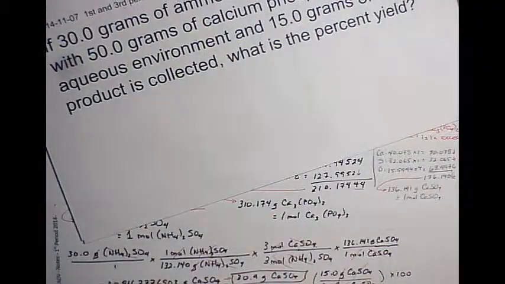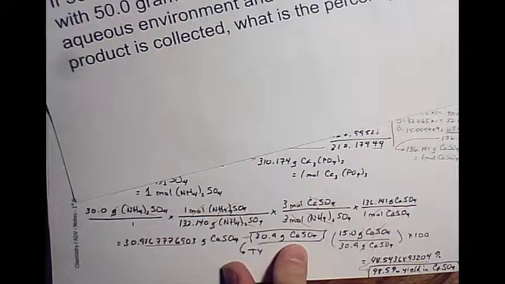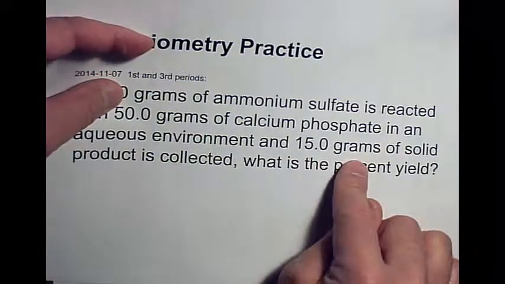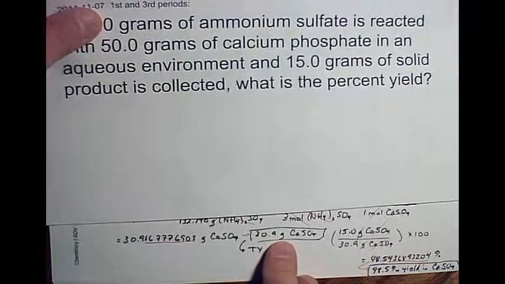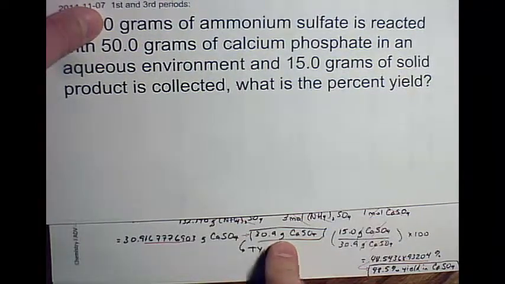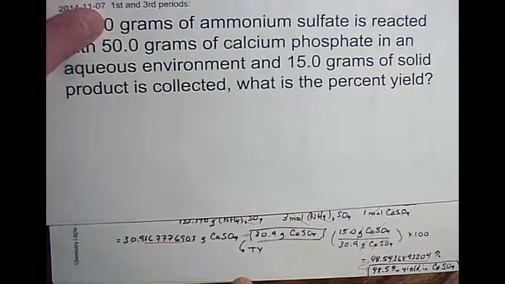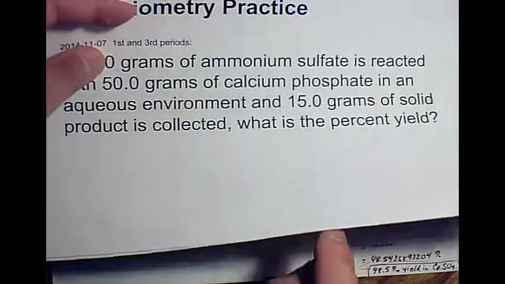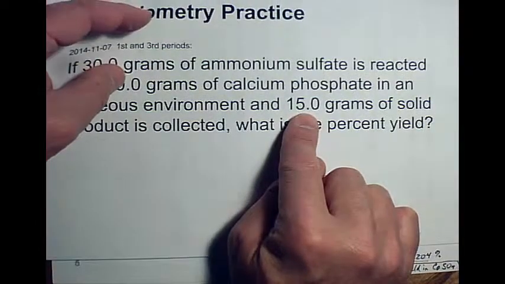Okay, what I meant by 30.9 grams never being, you can never actually get that amount out, okay? This is your actual yield, 15 grams. You're never going to get 30.9 grams. If you were in a lab, expecting a theoretical yield of 30.9 and you actually got 30.9 grams of solid, there was some kind of experimental error.